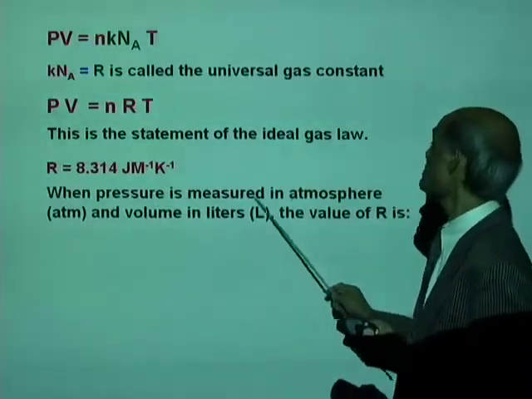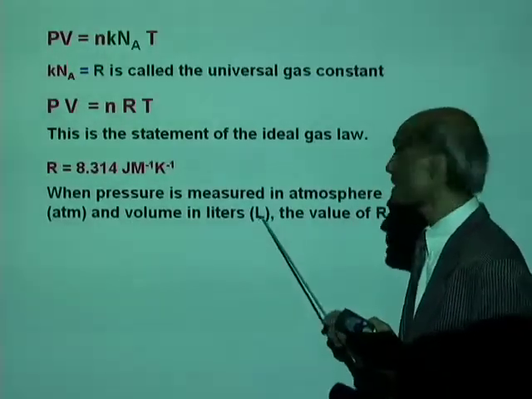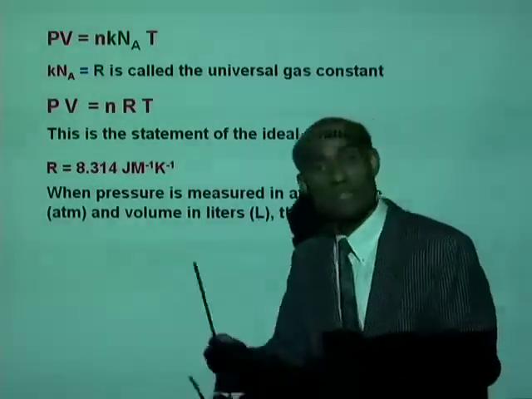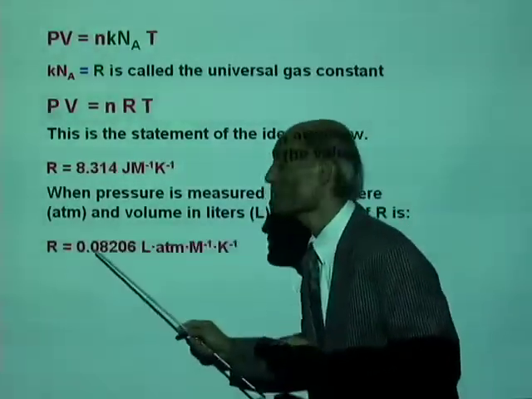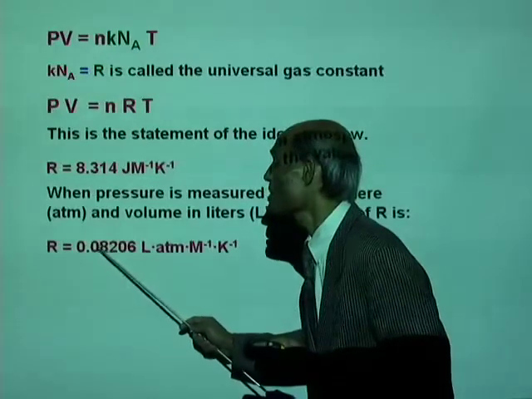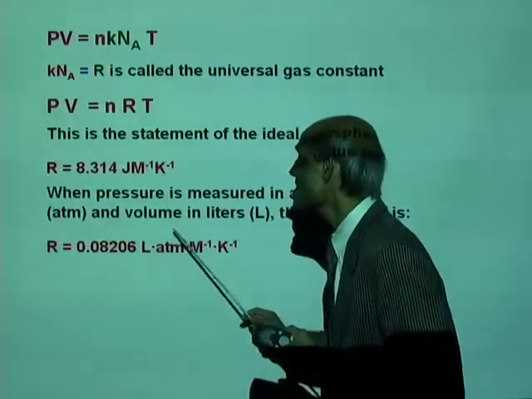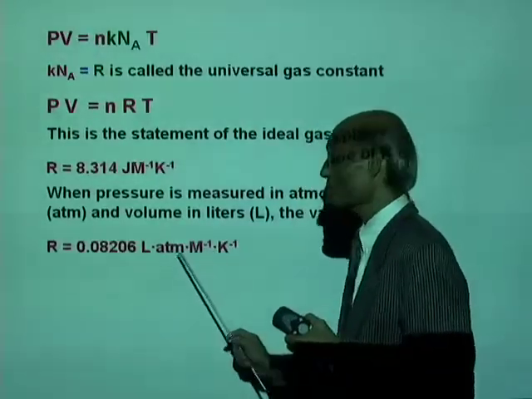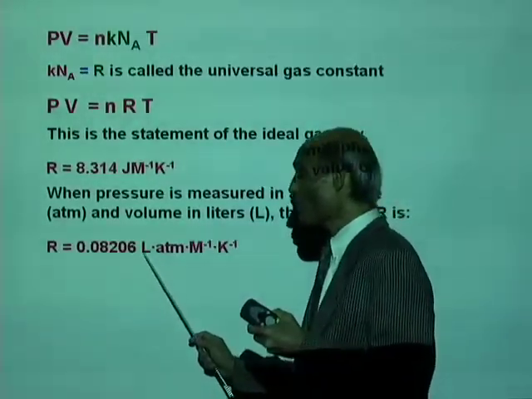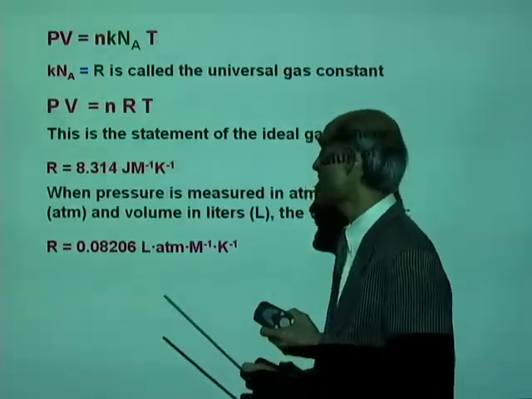Now, when pressure is measured in atmospheres and volume is measured in liters, as chemists very many times do, then the value of R will be this: R equals 0.08206 liter atmosphere per mole Kelvin. This tells you that the volume is measured in liters and the pressure in atmospheres.